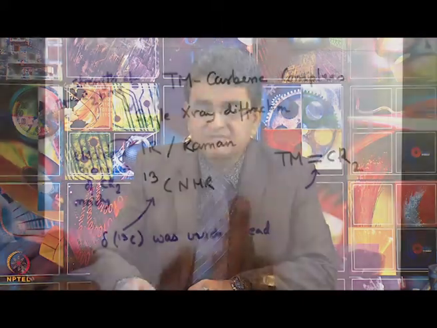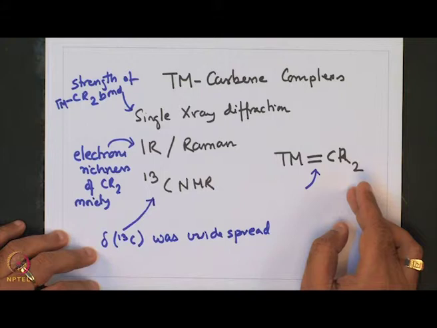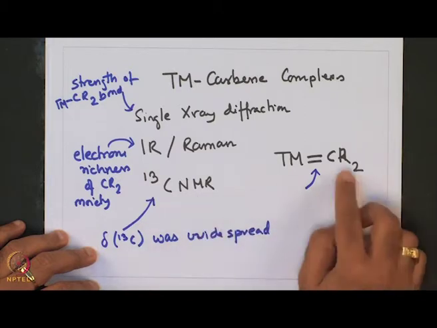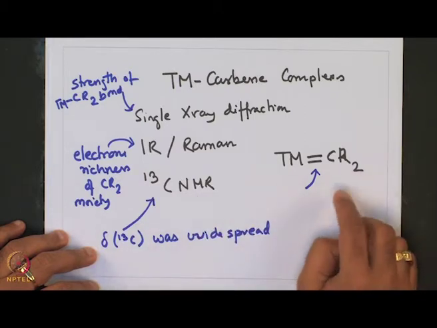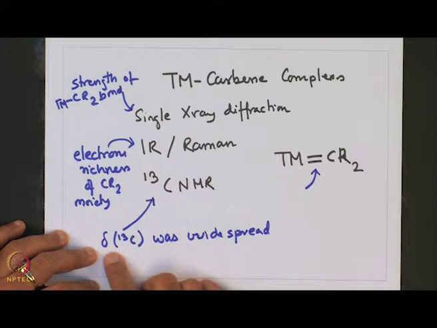So, of these three, even though carbon-13 NMR could characterize these moieties, it did not provide any insight onto what kind of reactivity these carbene moieties would exhibit depending on the chemical shift.